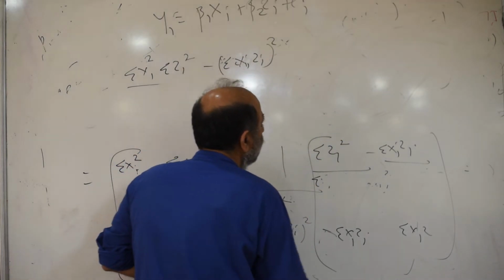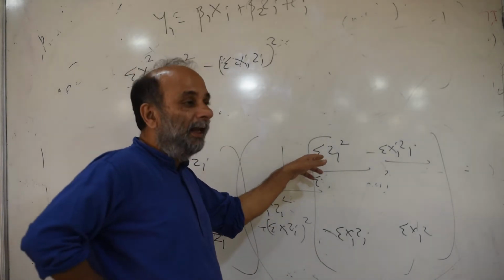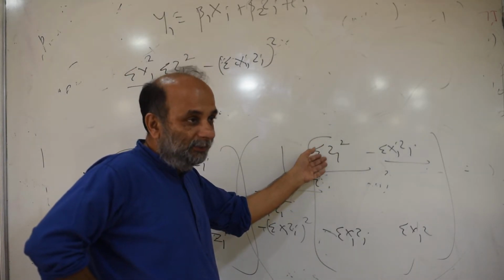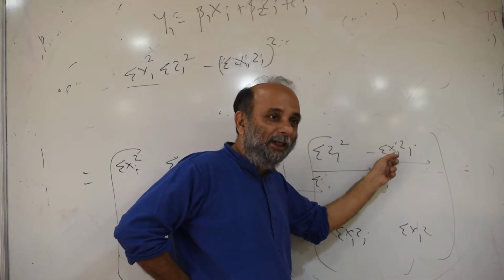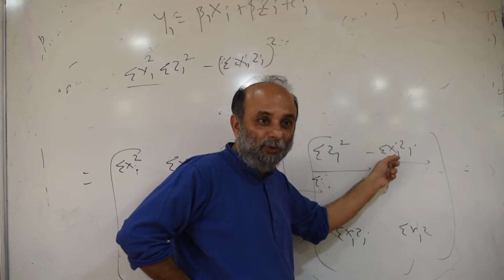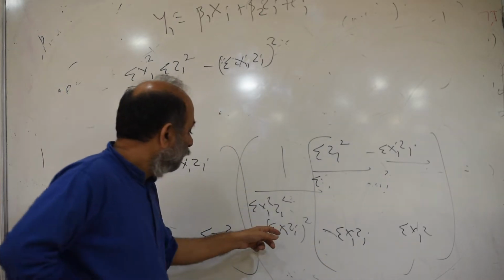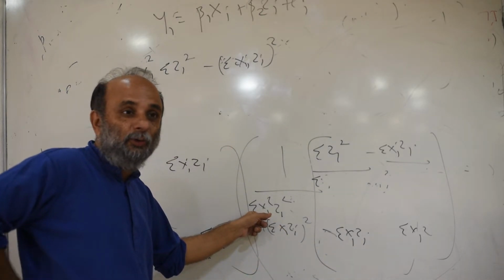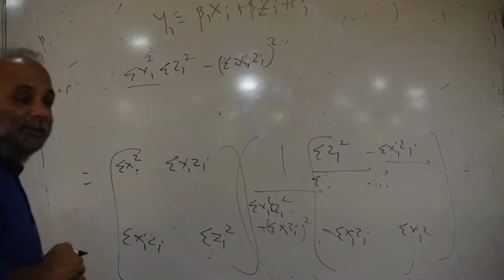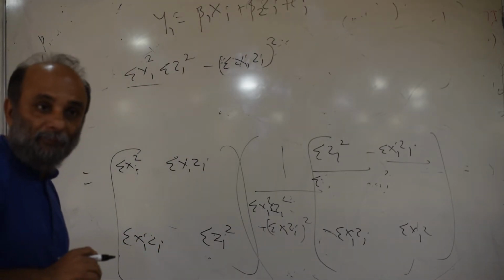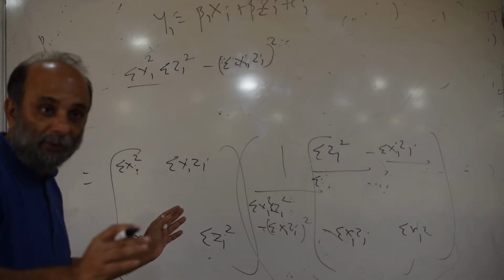So if you do this, you will get the inverse. So you have the values of x and z; you have to square z, do x1 into z1 plus x2 into z2 plus x3 into z3, and square xi. You have to find these quantities, summation xi square, summation zi square, and summation xi zi whole square. Then these quantities will give you x dash x inverse.